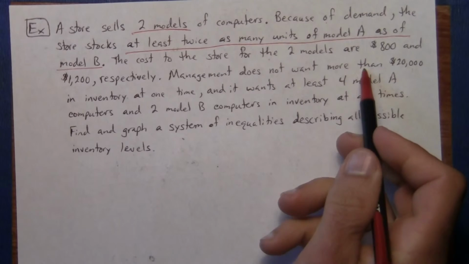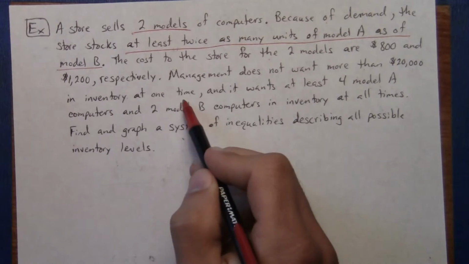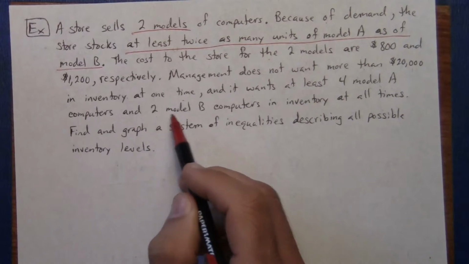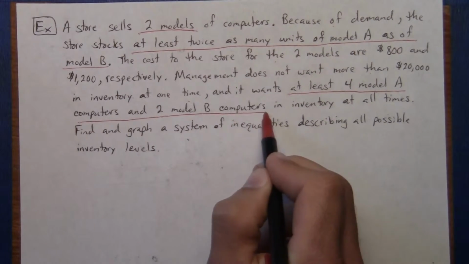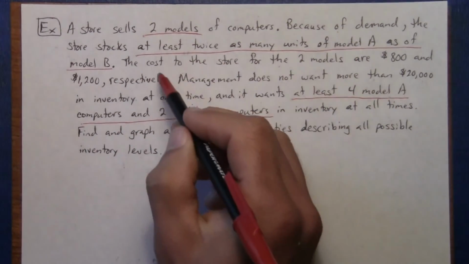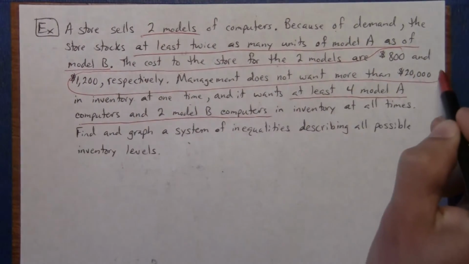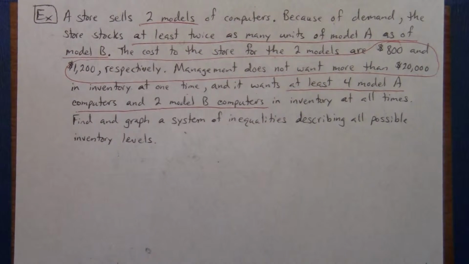Management does not want more than $20,000 in inventory at one time, and it wants at least 4 of model A and 2 of model B. That is going to be important for another equation. So those are the 3 pieces of information that I want for my inequalities.